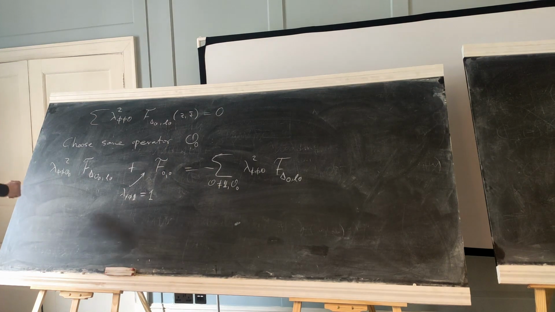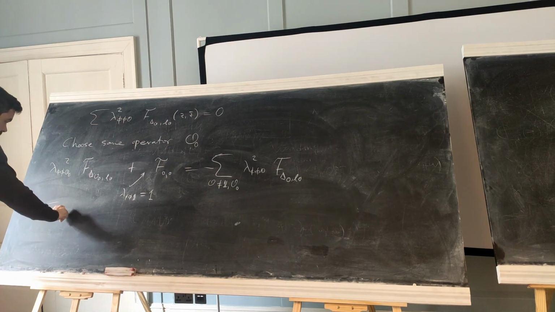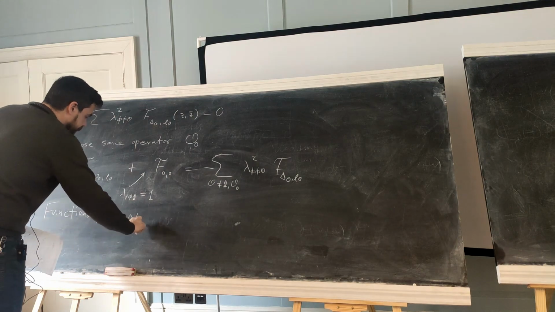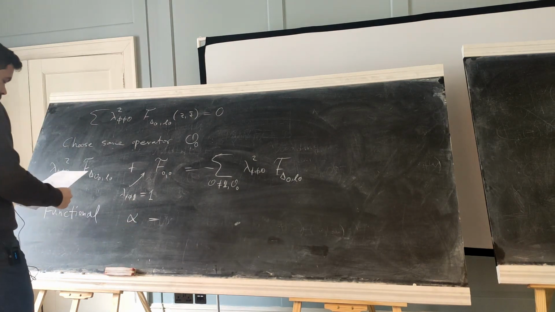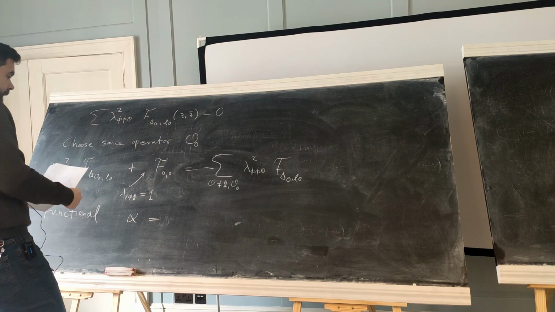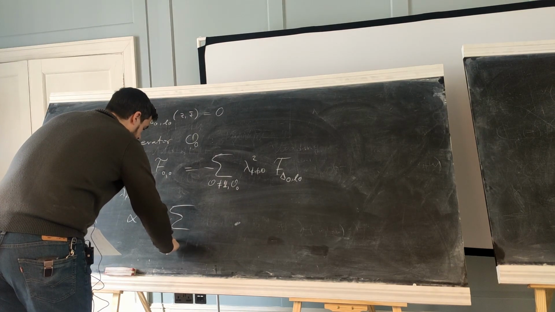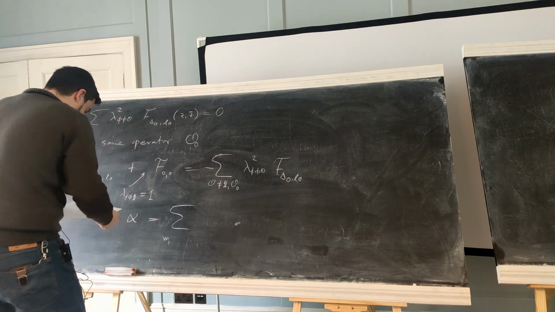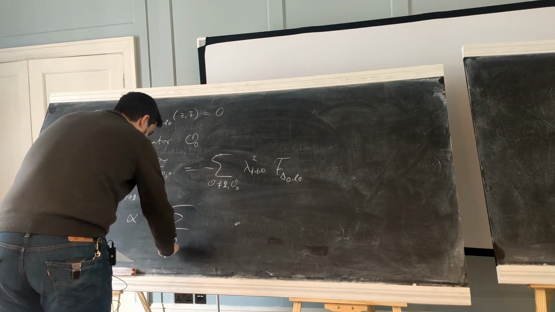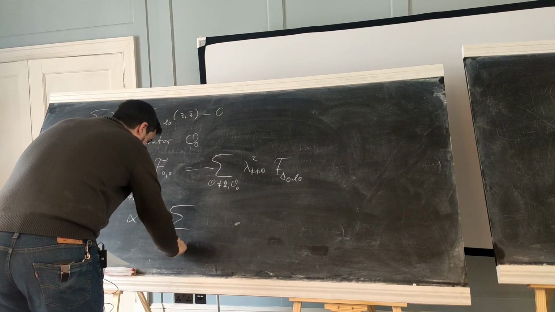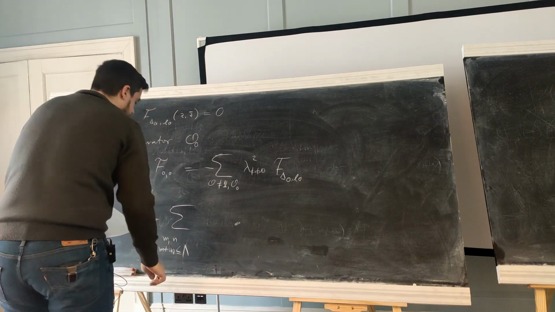We're going to consider a functional alpha, which I will write as a finite sum over m and n, such that m plus n is bounded by some lambda.